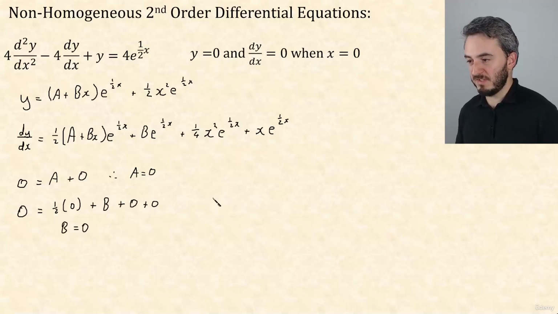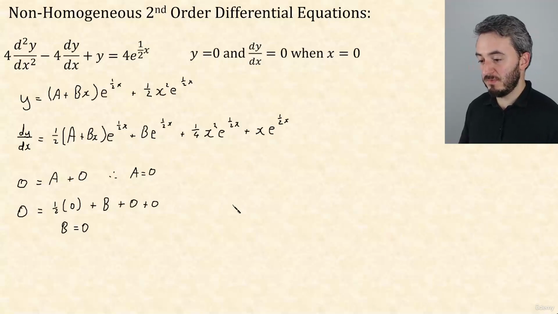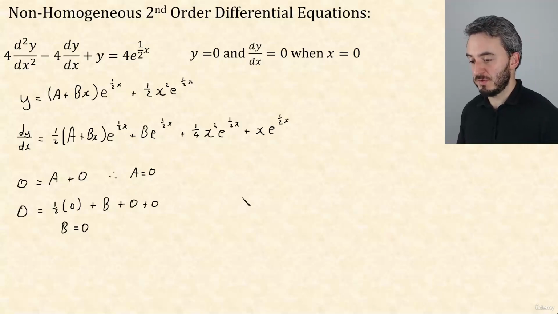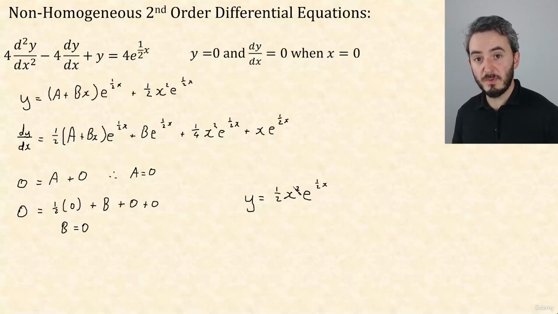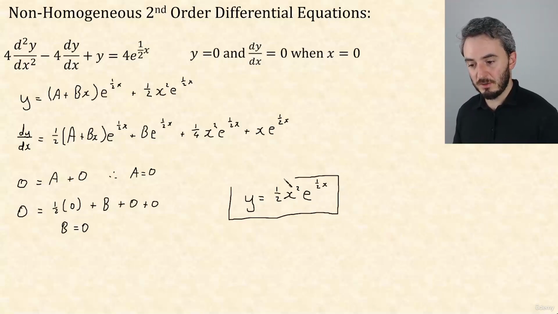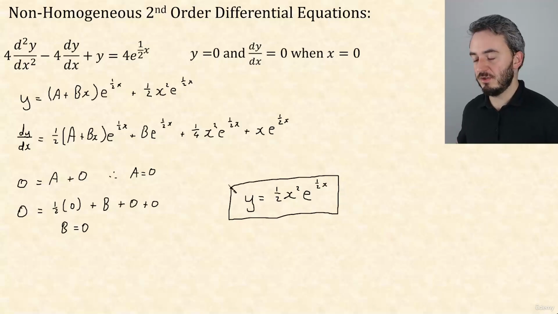So in the end, we discover that a was 0 and b was 0, which means the particular solution here is just the particular integral. It's just half x squared e to the half x. So the entire complementary function just disappeared, and that is our particular solution to this differential equation.